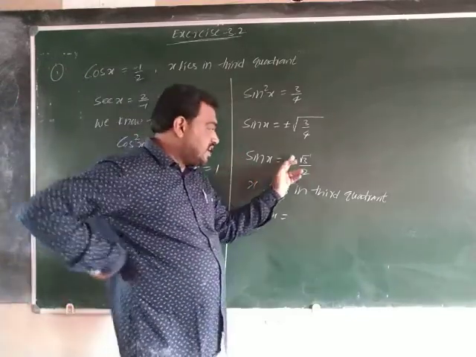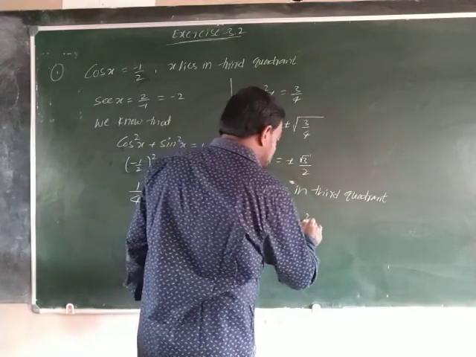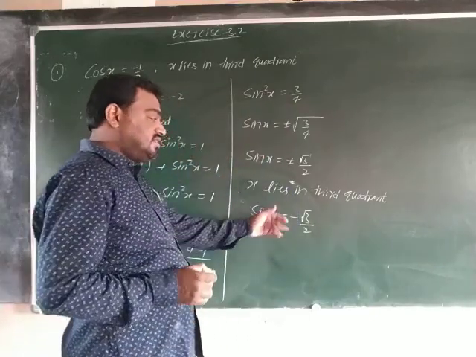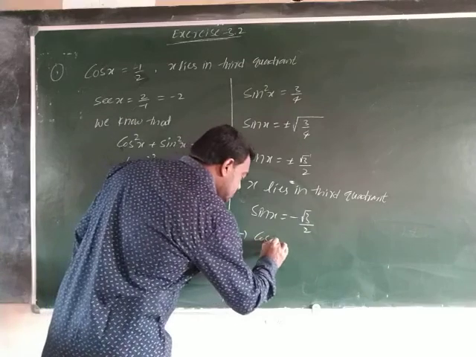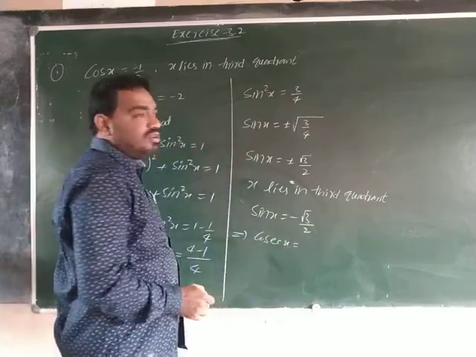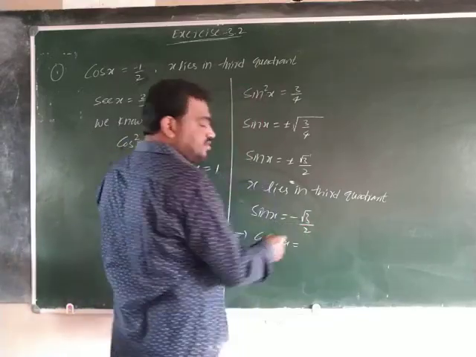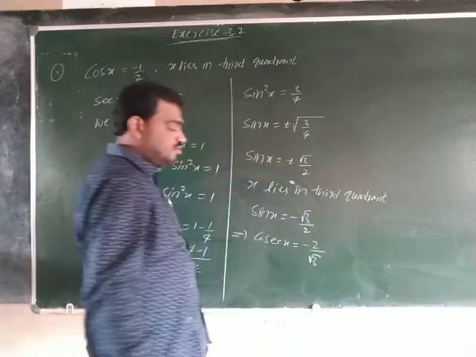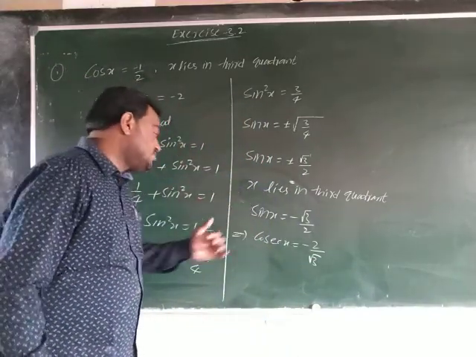So in these results, what do we need to take here? Minus. So minus root 3 by 2. Sin x is equal to minus root 3 by 2. Then cosec x is the reciprocal, that is 1 by minus root 3 by 2, nothing but minus 2 by root 3. Okay, we got the sine and cosecant.